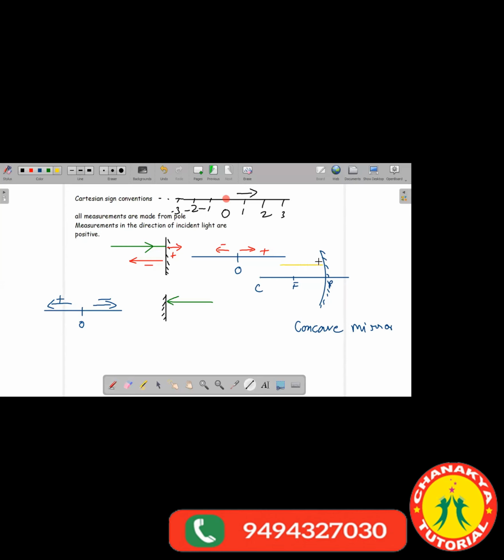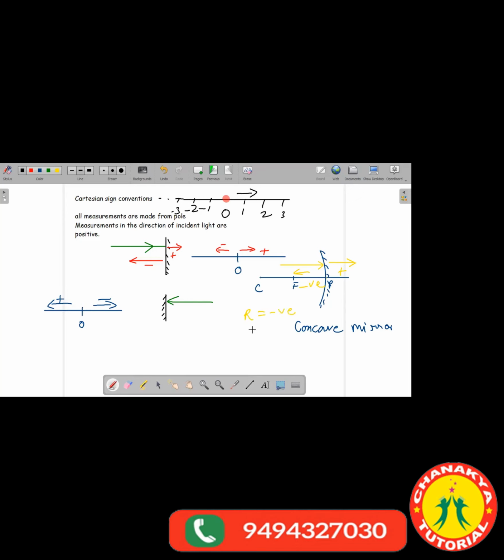So light will fall like this, and hence we have to make all the measurements from the pole. If we move from the pole in this direction, it will be the positive direction. This will follow our number line. This will be positive, and in this direction it will be a negative measure. So here we will find that radius of curvature will be negative.